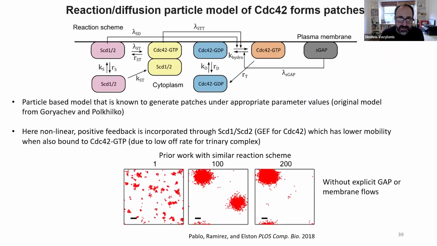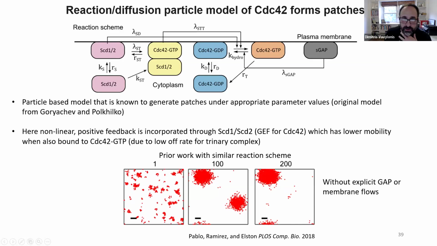So with David, we used models people have developed in the context of budding yeast to address this mechanism in the context of now the presence of this membrane flows. So this is a particle-based model that implements CDC42 in active and inactive forms, yellow and blue. In fission yeast, the inactive form of CDC42 is mostly bound to the membrane, but can also unbind. There's a positive feedback loop involving the activators of CDC42, the GEFs.